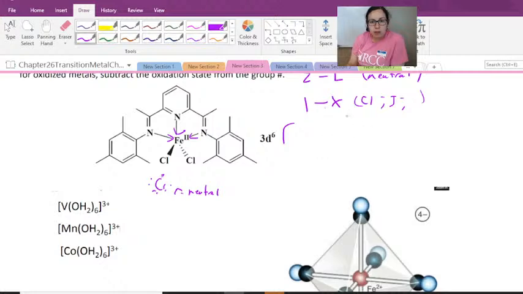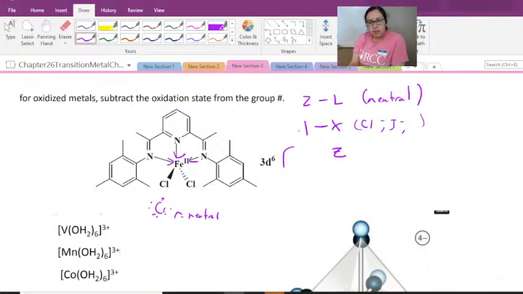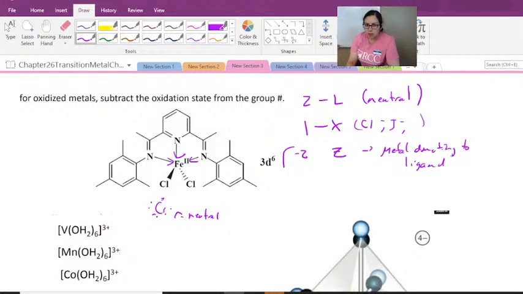The other type, so you have L, X, and Z. Not to be confused with 2, but Z actually means that it is taking electrons from the metal. So metal donating to ligand. That's less common, or you see that in those funky scenarios.